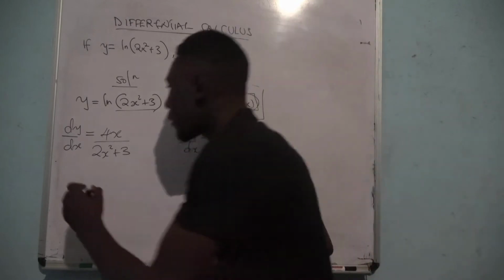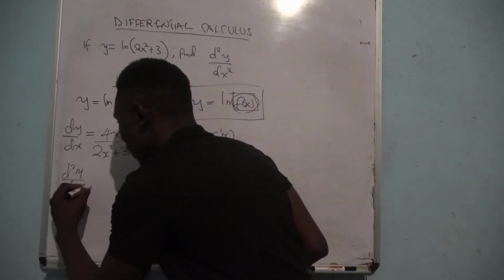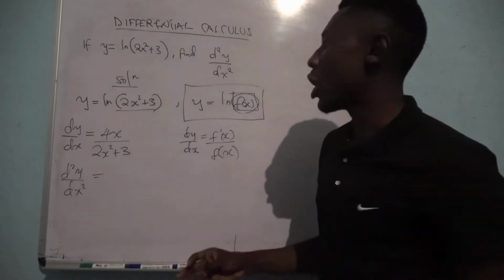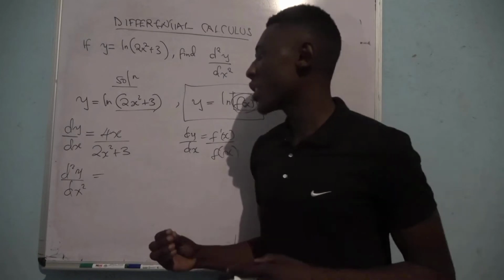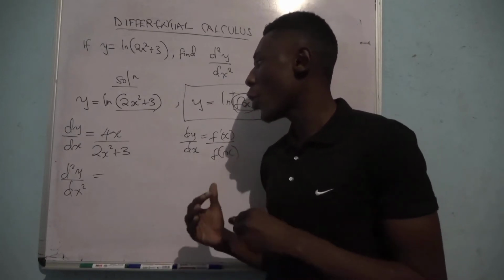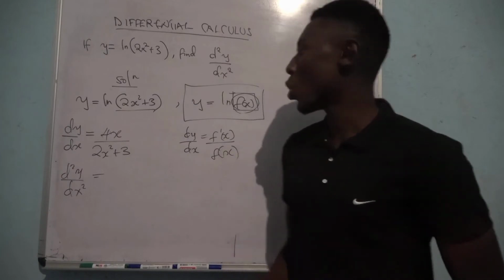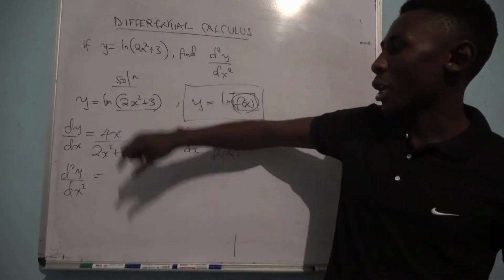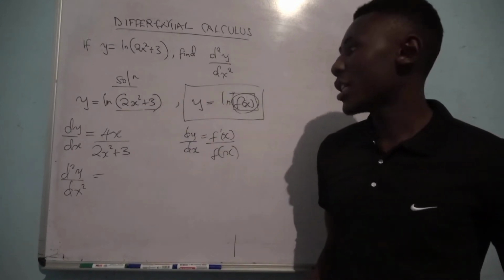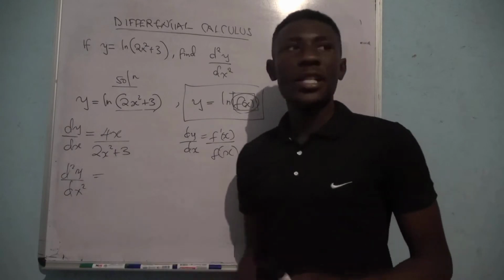So the second derivative will be equal to, when you differentiate this one, which is 4x divided by 2x squared plus 3. If you look at the manner of this function, we have a numerator and a denominator, meaning that it is a quotient.